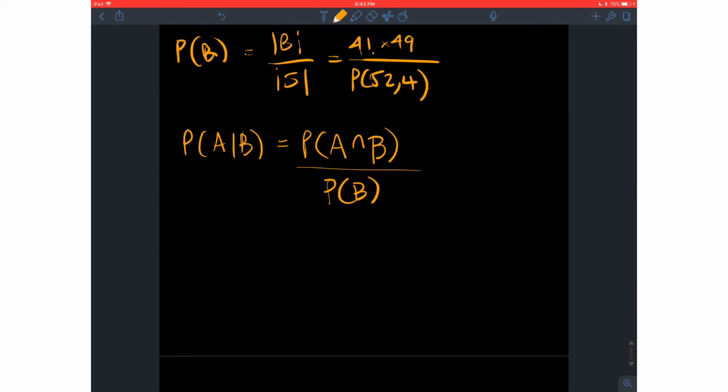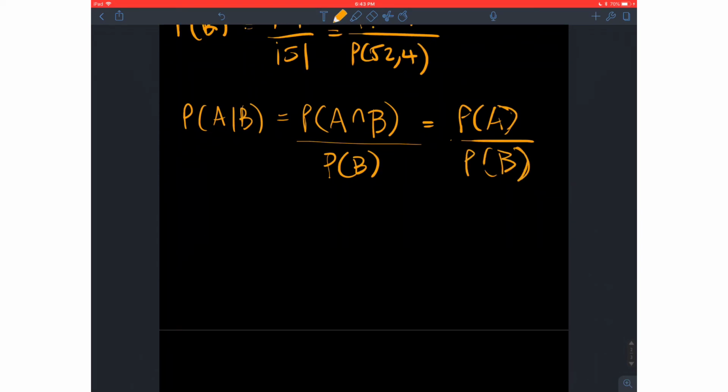Okay, so that whole spiel that I went on about A being contained in B means that the intersection of A and B is actually just A, and so that's equal to the probability of A divided by the probability of B. If that's unclear, I suppose you'd have to review a little bit of basic set theory, but essentially the intersection is the set of elements which are shared amongst both sets.